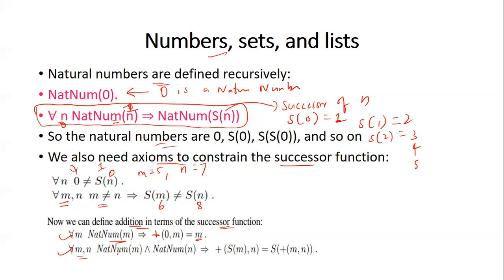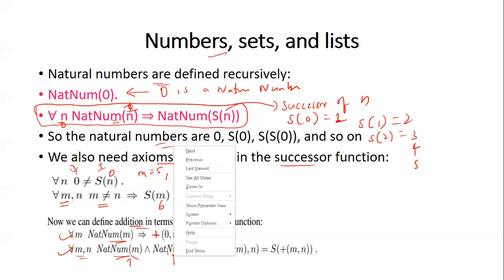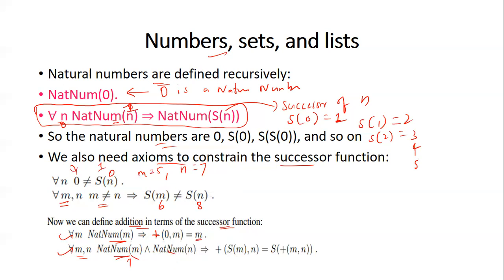For all m, n, let us say that m is a natural number and also n is a natural number, right? Okay. So then what can we do? Then this is represented as plus s of m comma n. So now we are applying that successor function only to m, not to n.